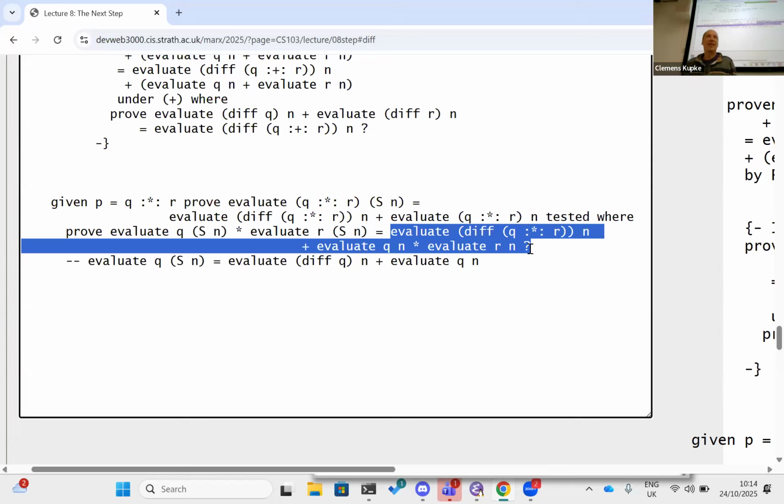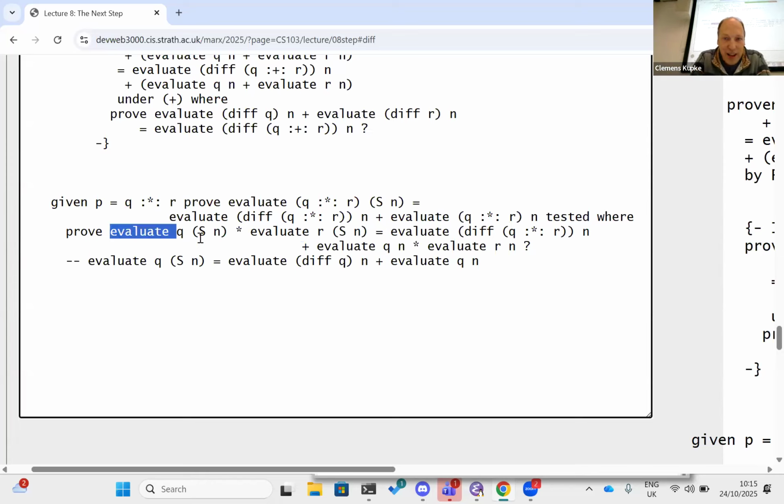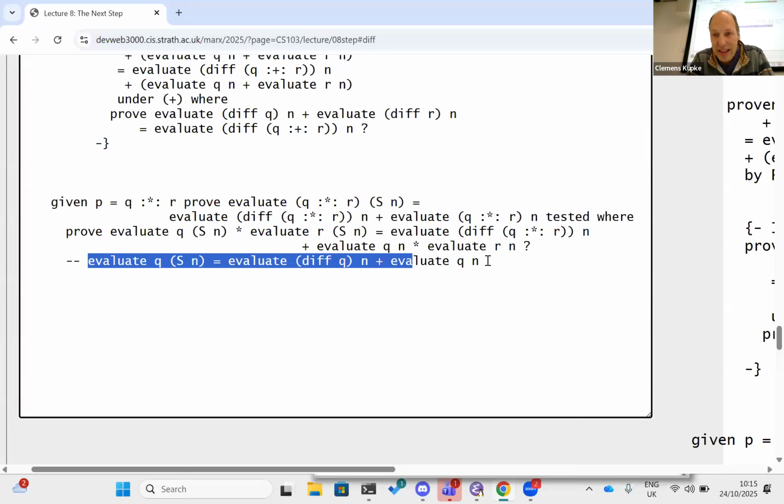And in an inductive proof, somehow the answer is that we want to reach the inductive hypothesis. We want to somehow, at least for half of the work, just use the inductive hypothesis. And so we have an evaluate Q of S of n in the thing we want to prove. And we know that this holds.